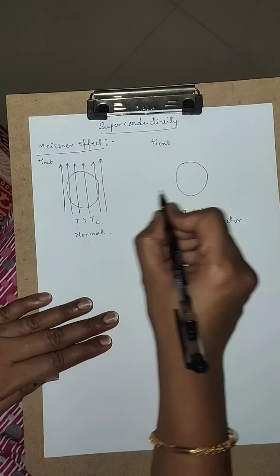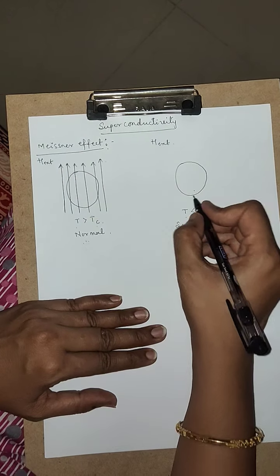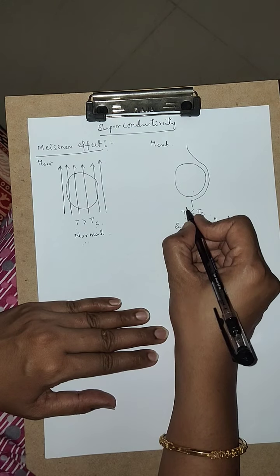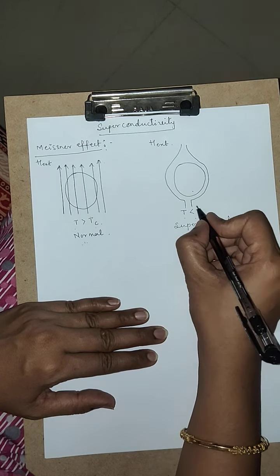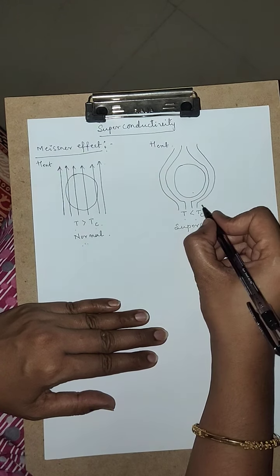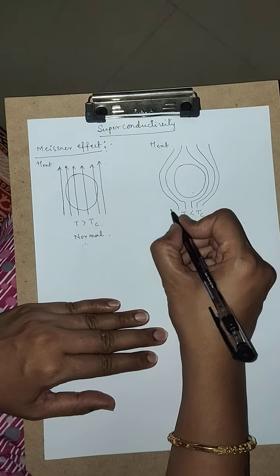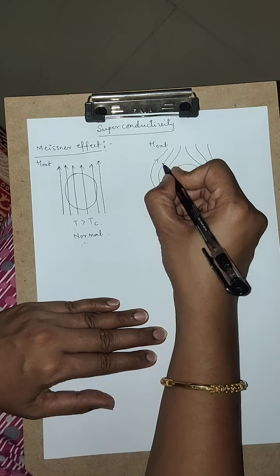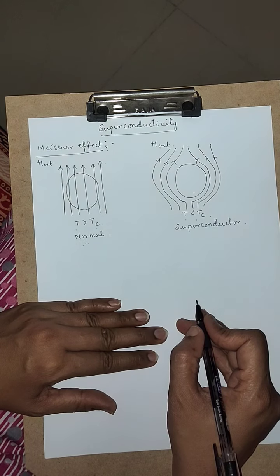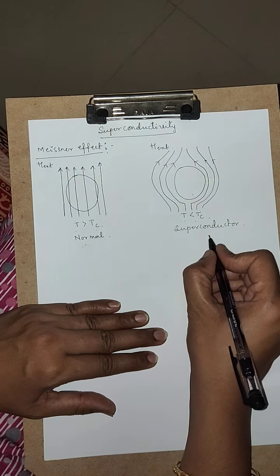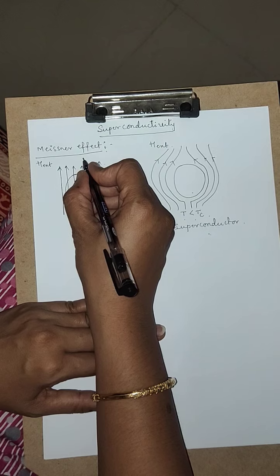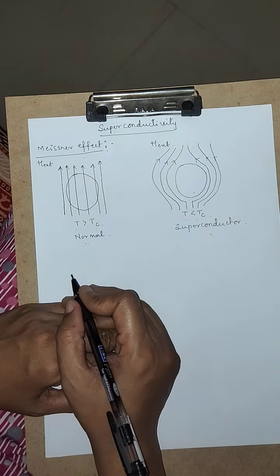The flux is thrown out of the material, so the flux exists only outside the material. There is no flux inside the material. This phenomenon was observed by Meissner and it is known as the Meissner effect.